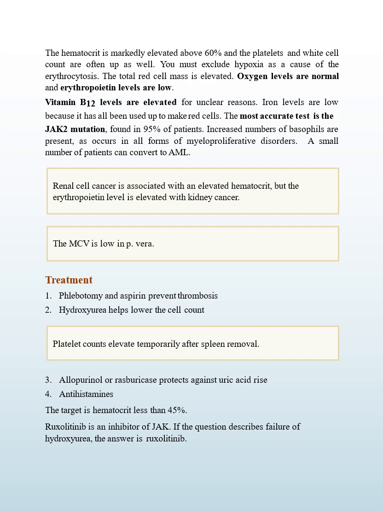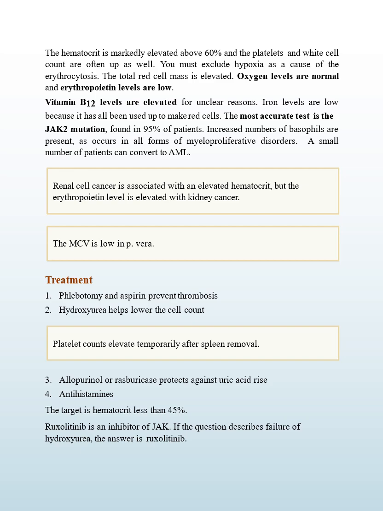The target goal for hematocrit is less than 45%. Ruxolitinib is the inhibitor of JAK. If the question describes failure of hydroxyurea, the answer is ruxolitinib.